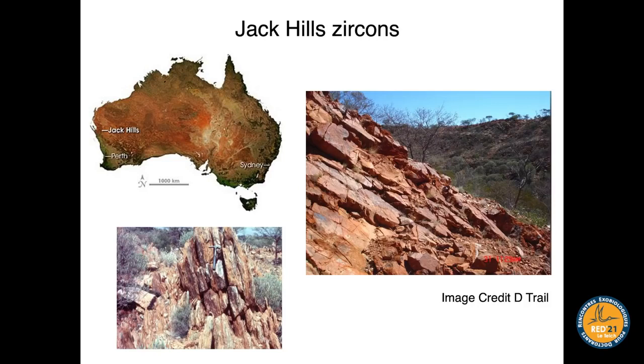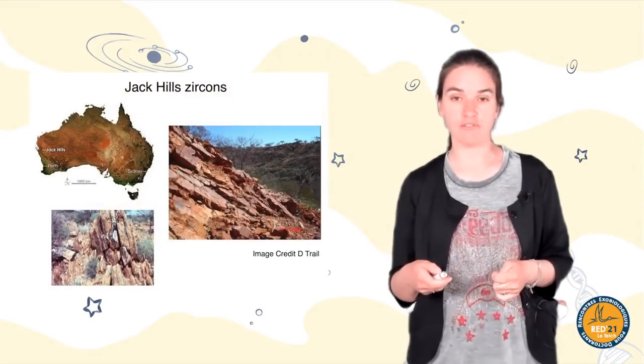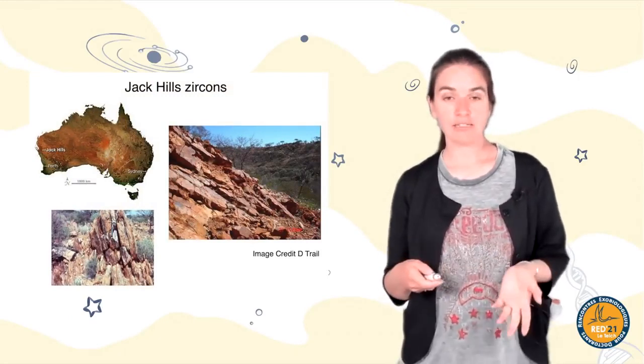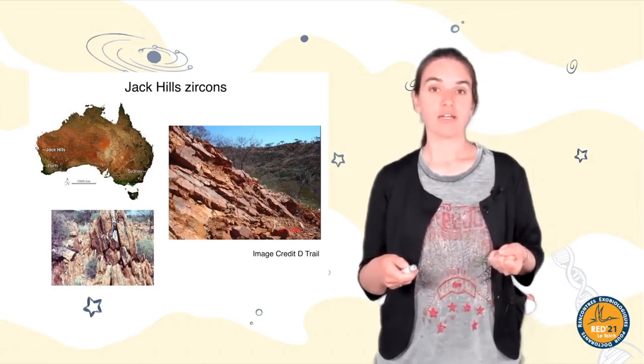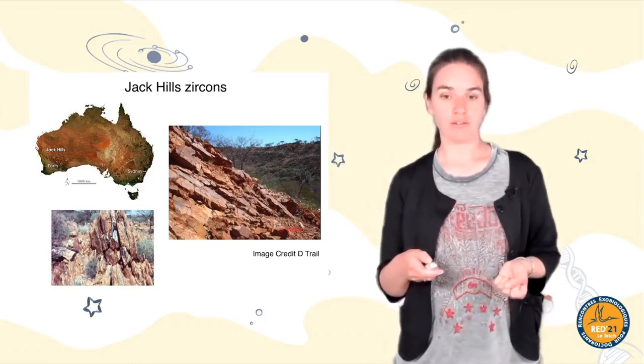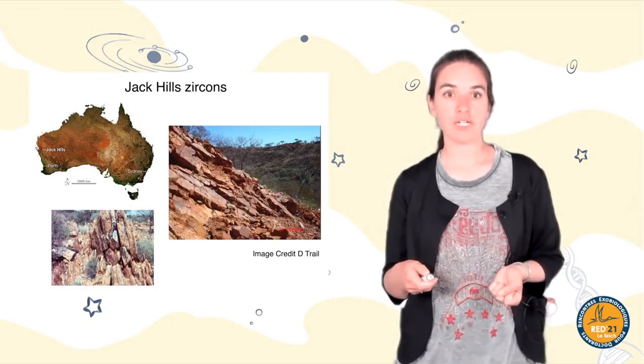But we also know that there was liquid water even earlier, and that is told by the Jack Hills zircons. Jack Hills is a locality in Australia, which you can see here on the map. It's not a very nice outcrop, as you can see in this field picture. It's a heavily altered conglomerate, but inside it there are tiny crystals of zircon, composed of zirconium and silicate. You can see the beautiful zircon crystals in these two pictures.